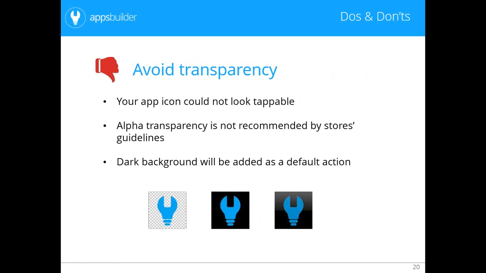So if you submit your application with a transparent background, your app icon will appear as the image in the middle of this series that you have here at the bottom of this slide, if no shine effect is added. Otherwise, if a shine effect is added to it, it will look like the icon that you see on the right-hand side of the screen.